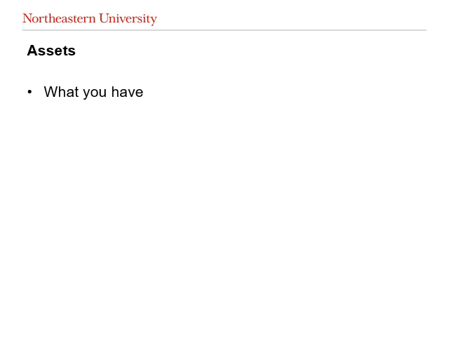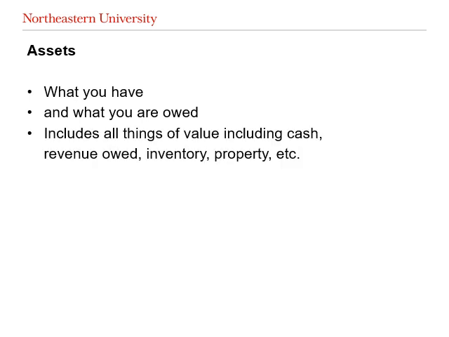So assets are what you have, and interestingly, also what is owed to you, what you expect to receive, and it includes all things of value, such as the cash, the revenue that is owed to you, and also any inventory you have, property, etc.